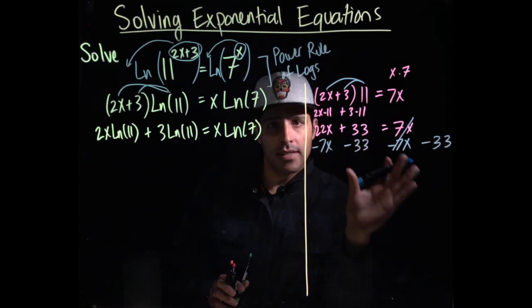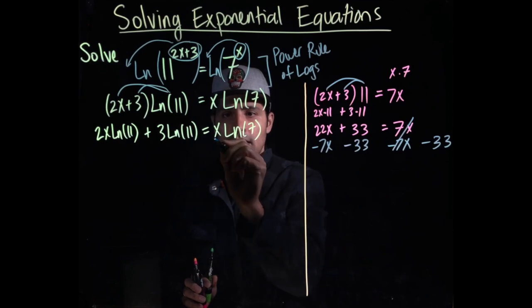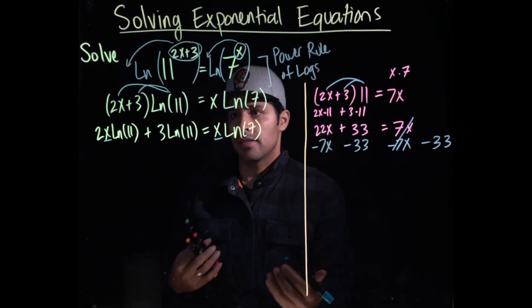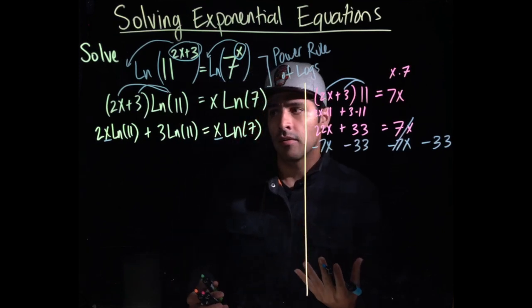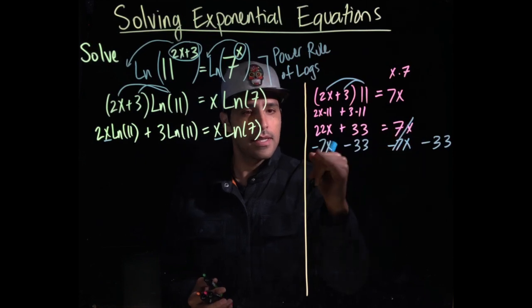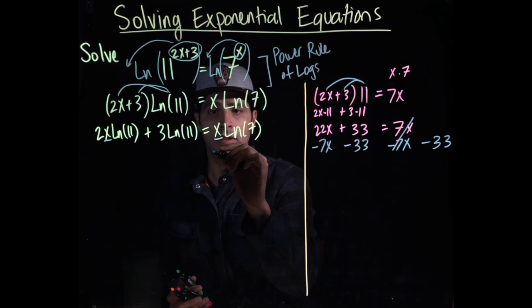So that algebraic step that we did is exactly what we're going to do here. Notice that this has an x and this has an x. And this term is just a constant because it has no x's and it's just a number, right? So just the way you subtracted the 7x on this side, we're going to subtract this term and bring it to the left-hand side.